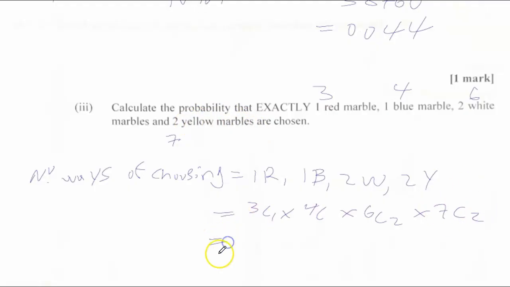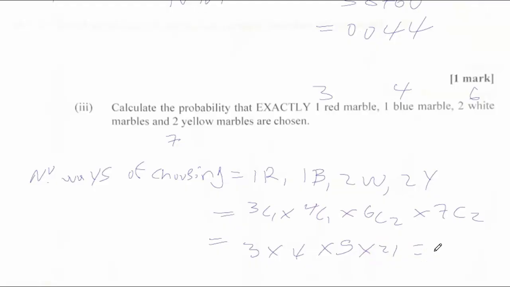And we can do that in our calculator. We get 3 choose 1, that's 3. 4 choose 1, that's 4. 6 choose 2, that's 15. And 7 choose 2, that's 21.